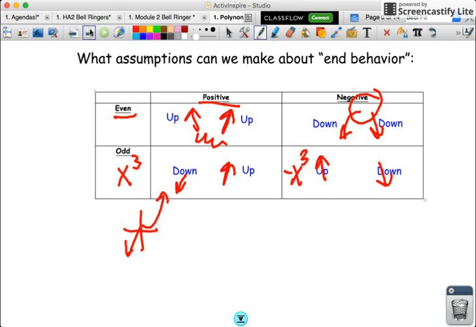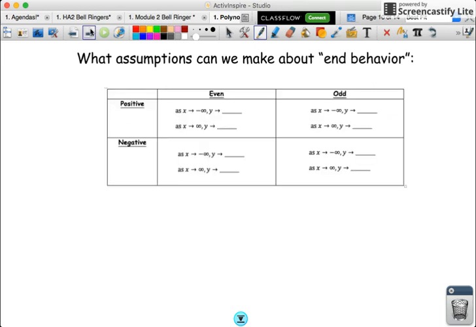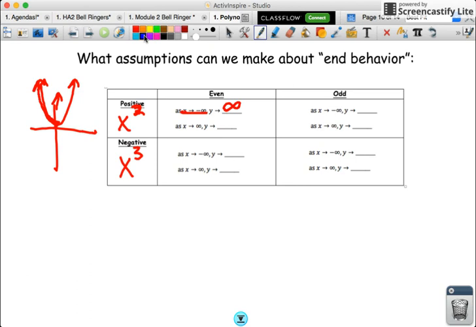So of course there's going to be fancy notation for that. If you think about your coordinate plane, and you think about just an x squared and an x cubed. I think about my positive x squared. As x is approaching negative infinity, so as I'm going this direction, following along my x, my y value is also going to infinity. I'm going up. When I think about x going towards positive infinity, so I'm going this way, notice my graph is also going up, so y is also going to infinity.